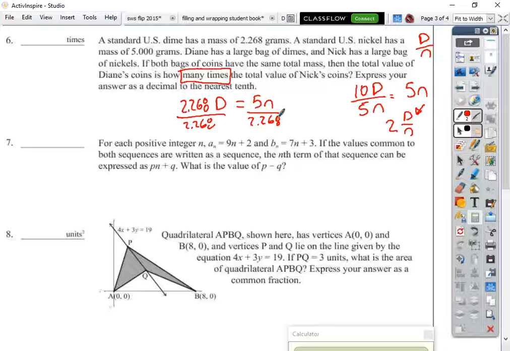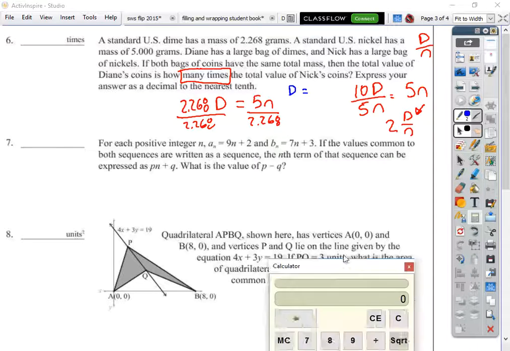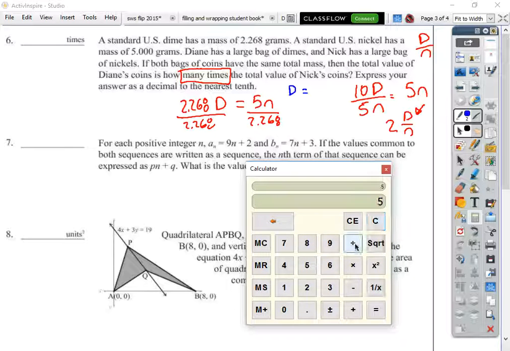And that will give me D is equal to, and let's go ahead and pull up our calculator, 5 divided by 2.268, 2.204, and then I also want to divide both sides by N because I am looking for this ratio right here, D over N. So I get D over N is equal to 2.204.